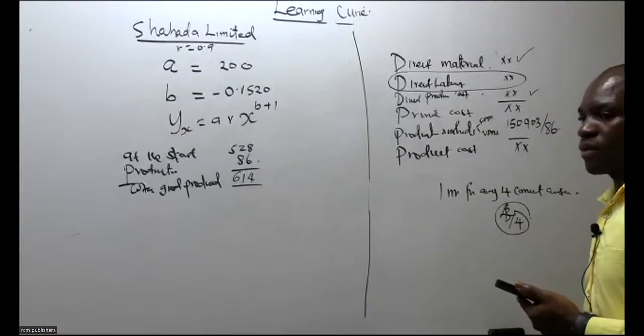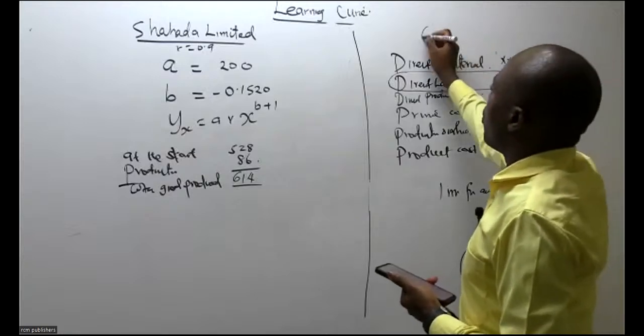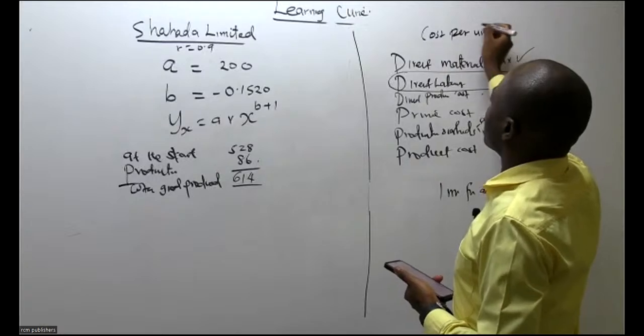That's what we need to get for us to have cost per unit.